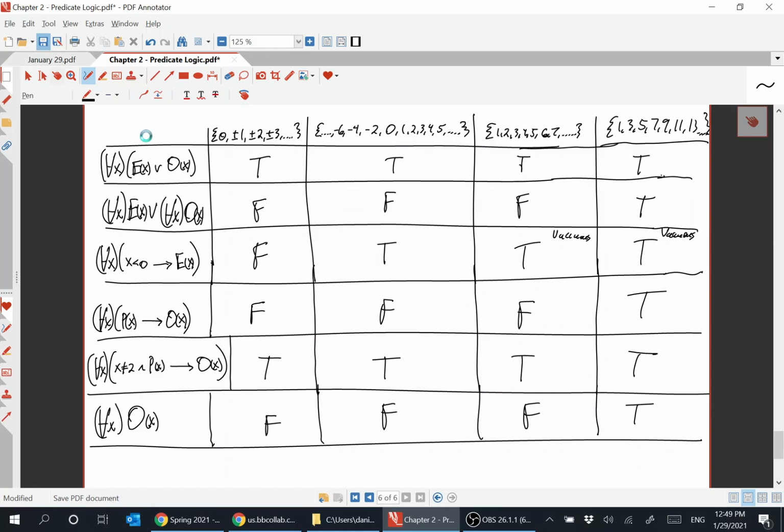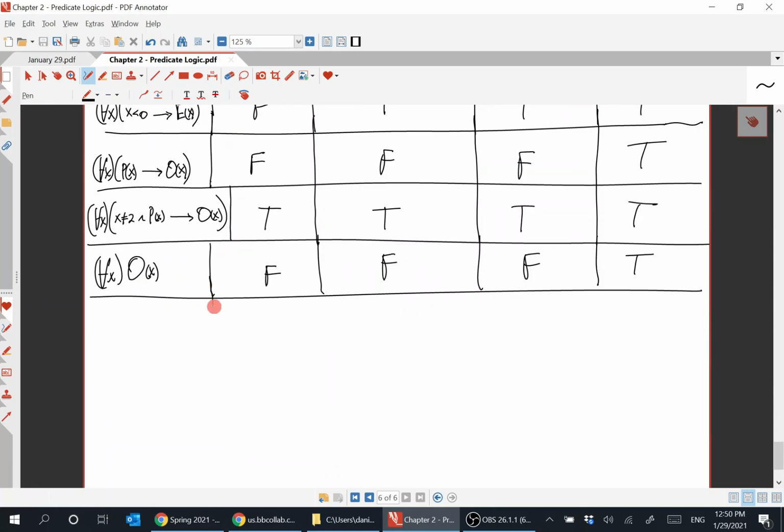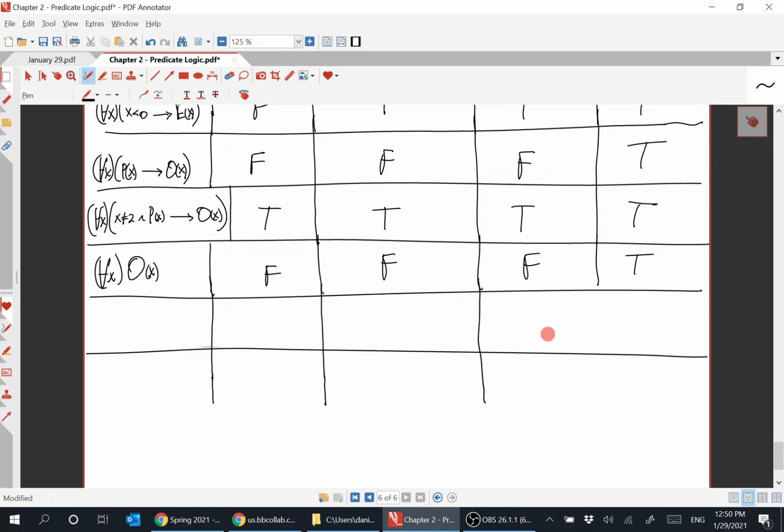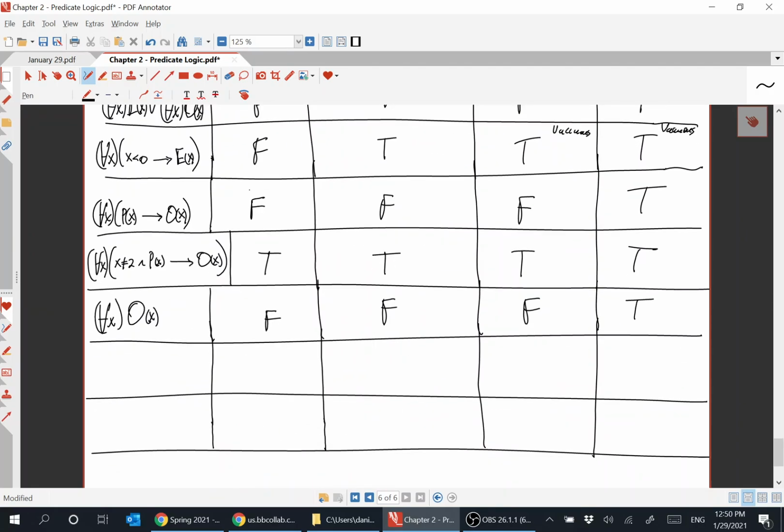Let's do some 2 quantifier statements. I'm going to have to move these over.